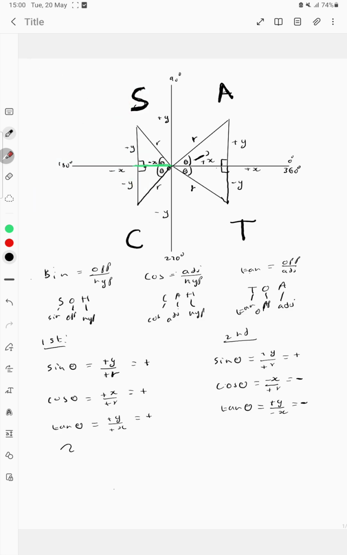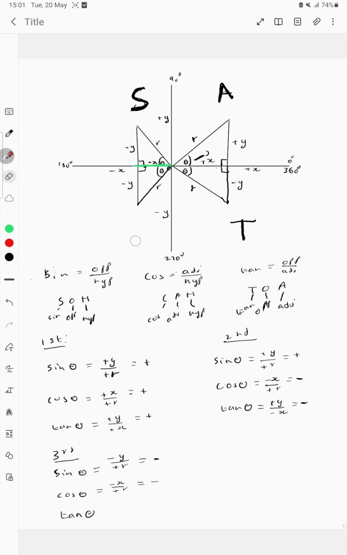Okay, so now in the third quadrant we have sine theta, cos theta, and tan theta. So in the third quadrant, sine would be minus y over positive r. Negative and positive gives us what? Negative. And then cos would be minus x over positive r, and then this is negative.